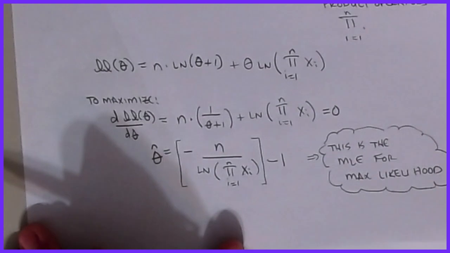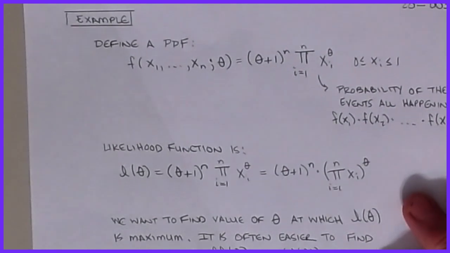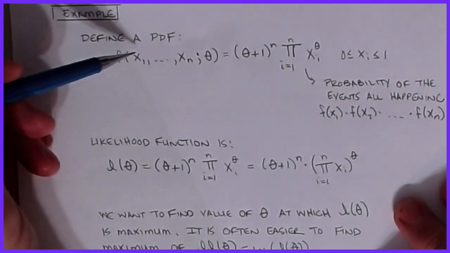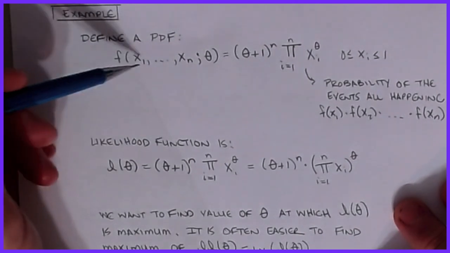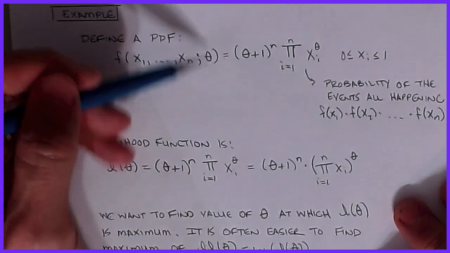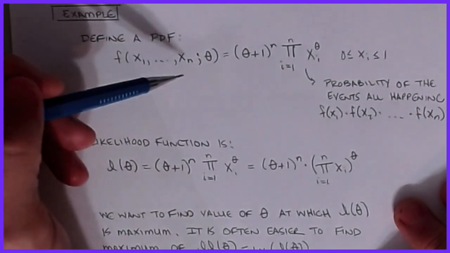All right, so to illustrate what we're doing, let's apply this to a different problem. We have an example. We define a PDF of random variables x1 through xn, with a parameter theta that we're looking to find in the population. It could be the maximum value, could be the number of occurrences, it doesn't really matter.